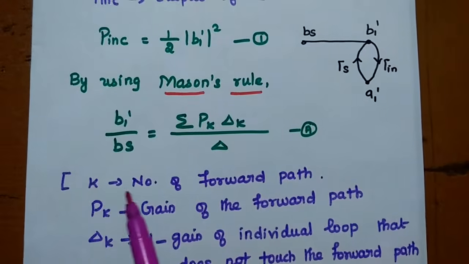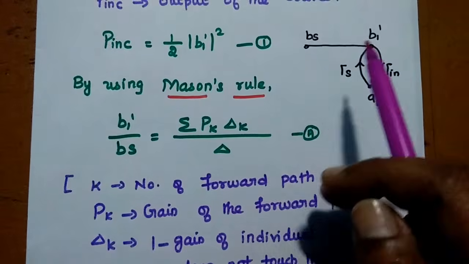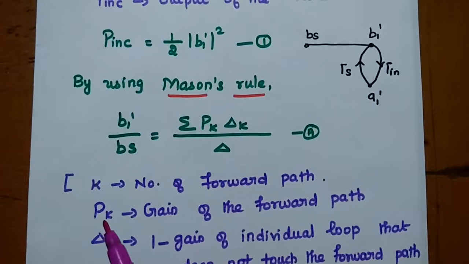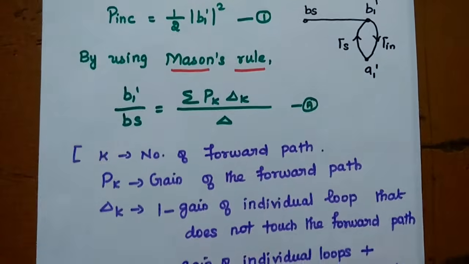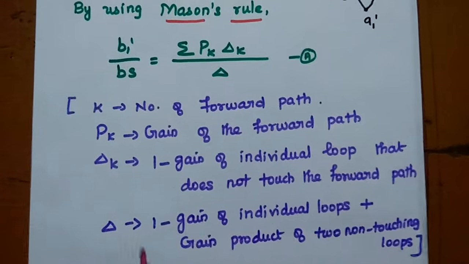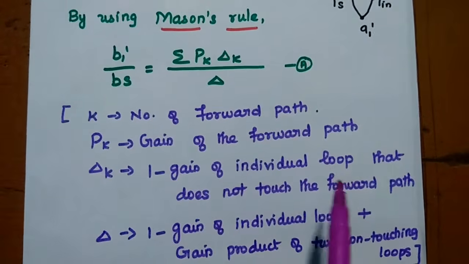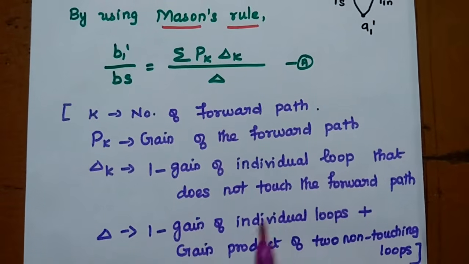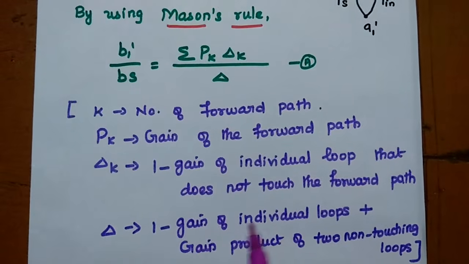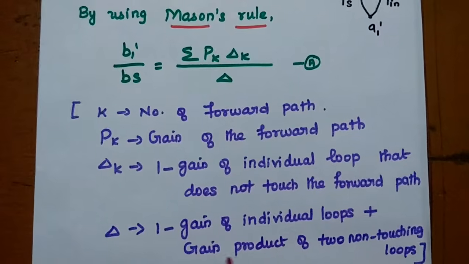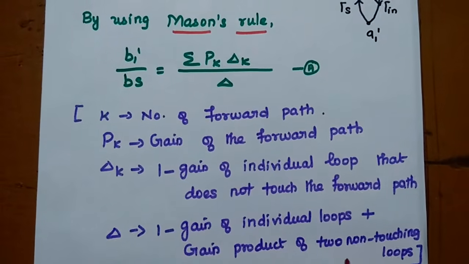Here K is the number of forward paths between the input and output side. Pk is the gain of the forward path. Del K is the value of 1 minus the gain of individual loops that do not touch the forward path. Del is equal to 1 minus the gain of individual loops plus the gain product of two non-touching loops.